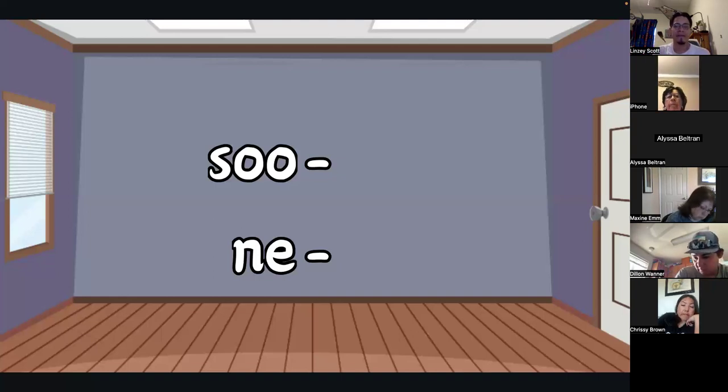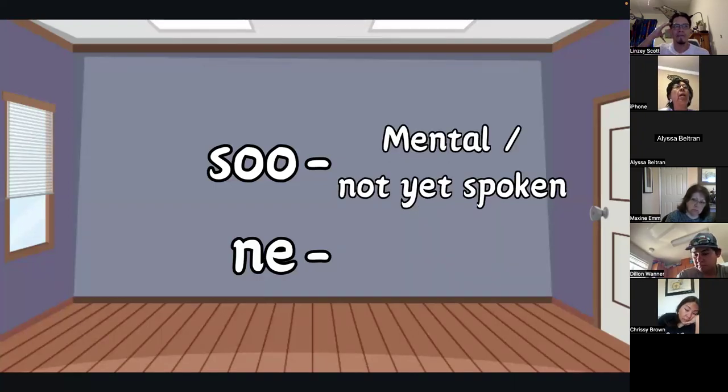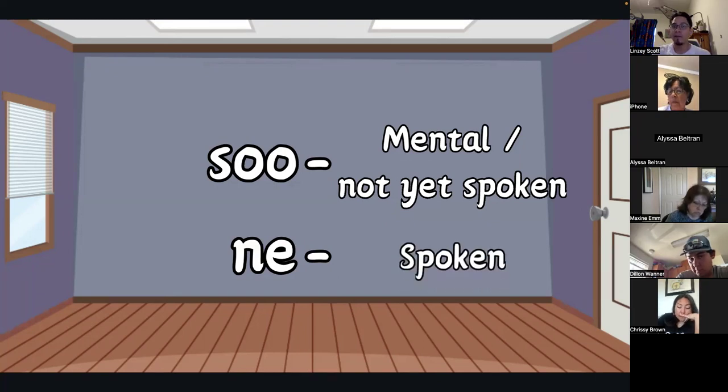These can be prefixed onto pretty much any verb to indicate that you want to do whatever that verb is. The first one, su, involves your mental activity, something that's not yet spoken. You want something that's just in your mind, in your thoughts. You're thinking about it, you want it, but it hasn't yet been spoken. Whereas the other one, ni, does indicate a spoken desire.